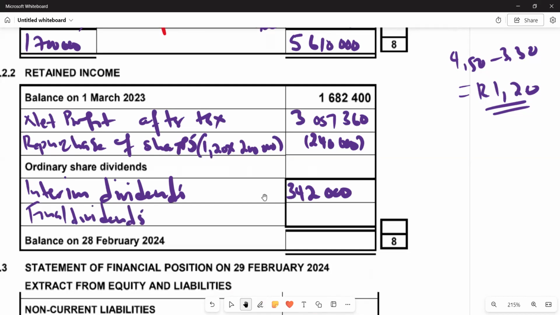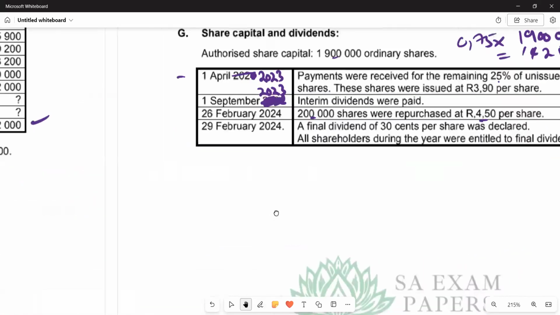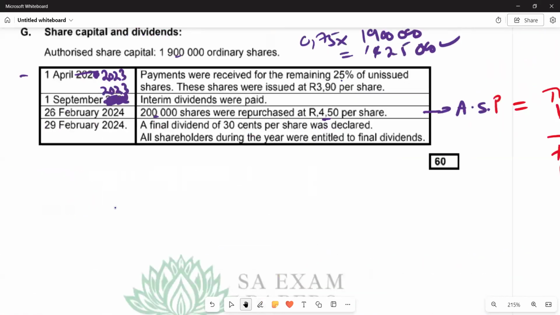So for the final dividends, again, we go to the question and try to see what it is saying. Final dividend of 30 cents per share was declared. All shareholders during the year were entitled to final dividends. So we are not going to consider the repurchase that transpired at the end of the period. All shares that were there during the year are going to gain the dividends.